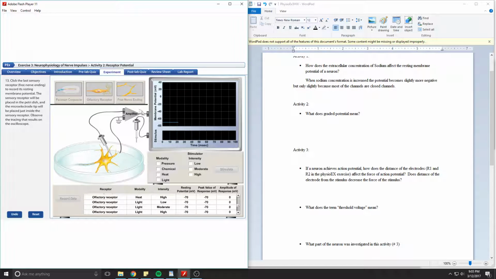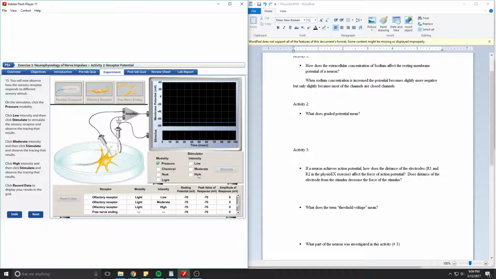Okay. Free nerve ending. So, click the... Okay. Note the voltage inside the sensory and record data. Okay. Now, it didn't even ask us, so we're just gonna do... Alright, so it does not respond to pressure, at least low pressure. Okay, I don't think it responds to any pressure. Oh, it did respond to high pressure. Interesting.